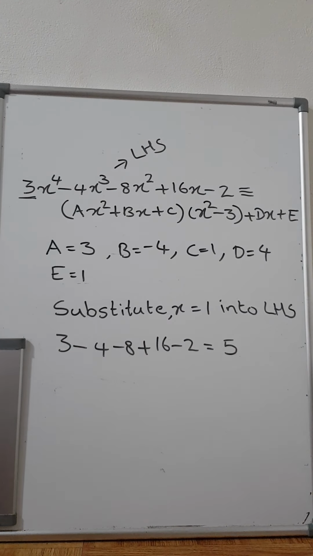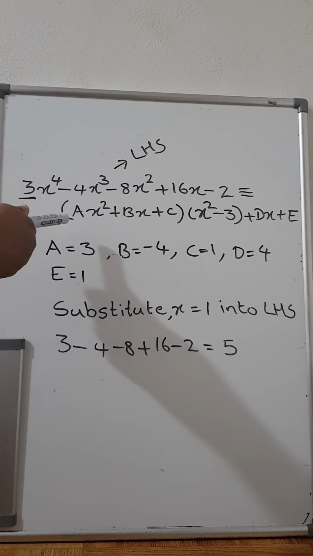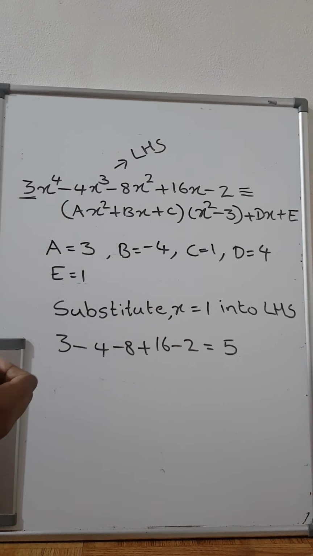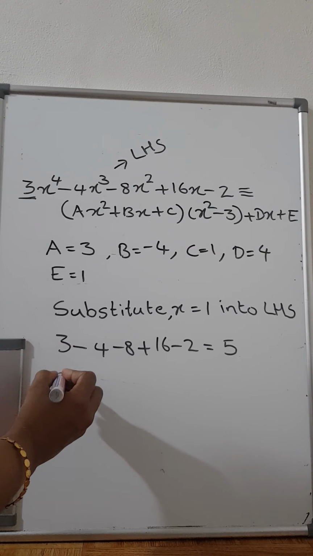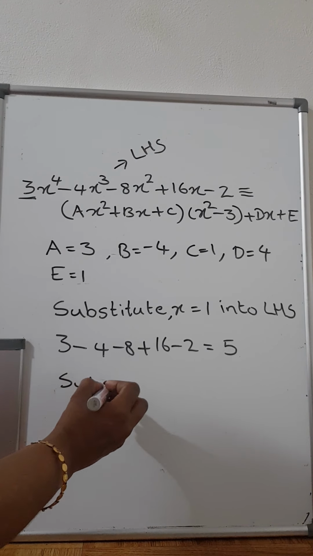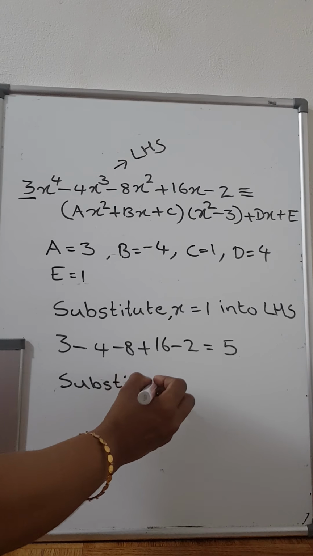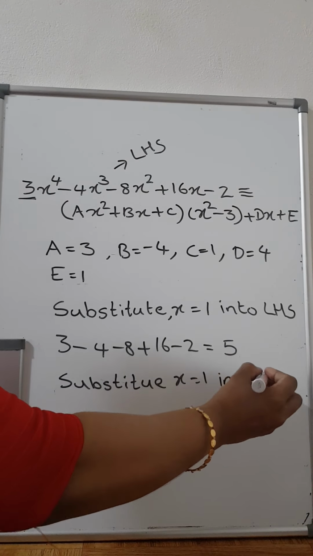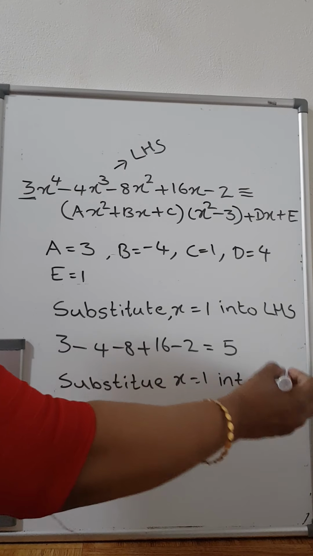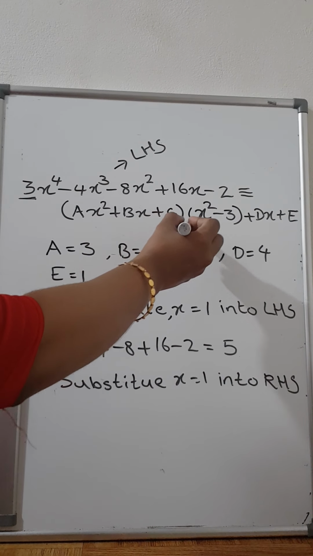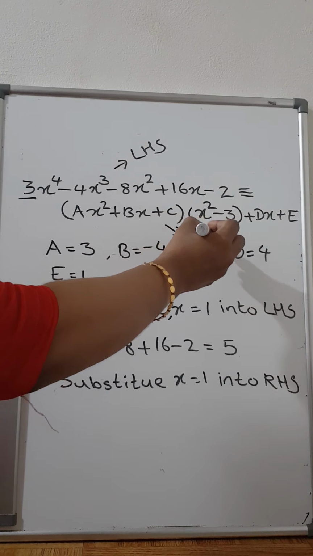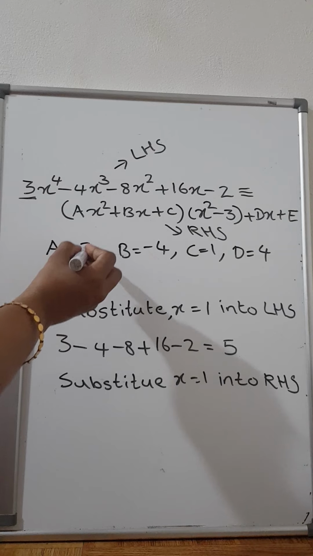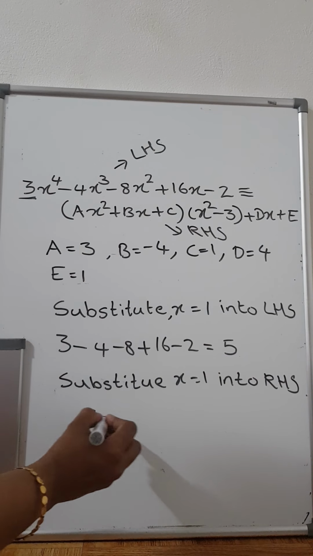Now we will be substituting x equal to 1 into the RHS also. RHS means right hand side. This is the one. See what happens. a times x square, a is 3, 3 times 1 square is 3.